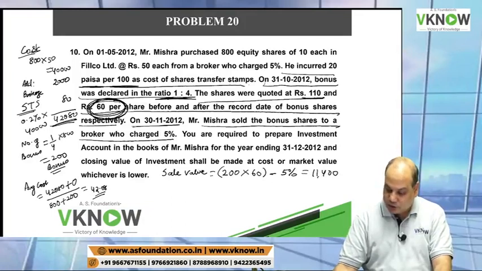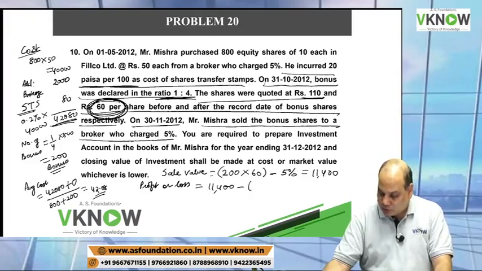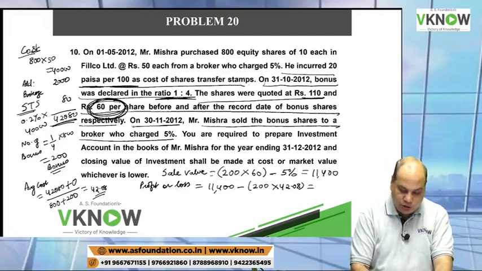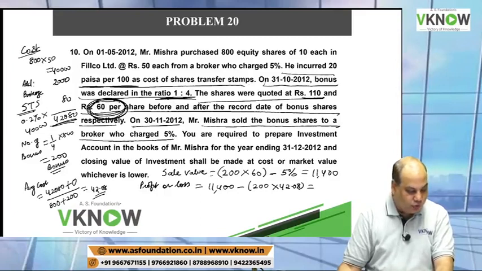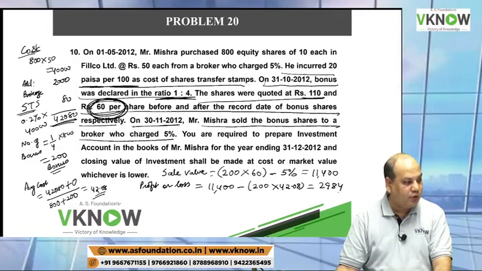Brokerage deduct 400. So what will be the profit or loss? 11,400 is your sale proceed. Cost will be 200 shares into 42.08 average cost. So please try 200 into 42.08. Compare with 11,400. So you have a profit of 2984.